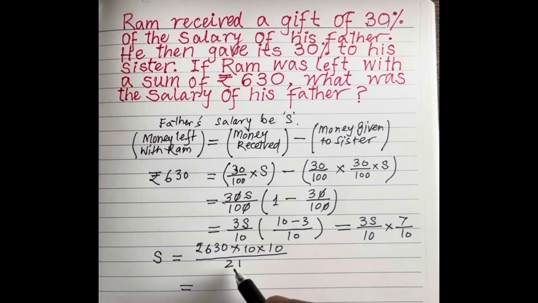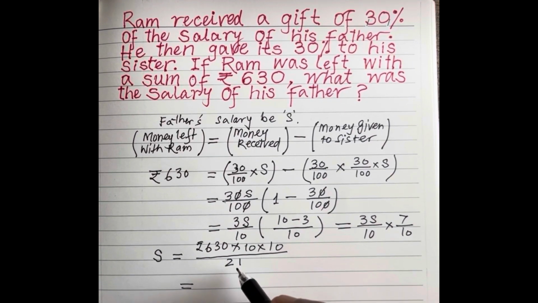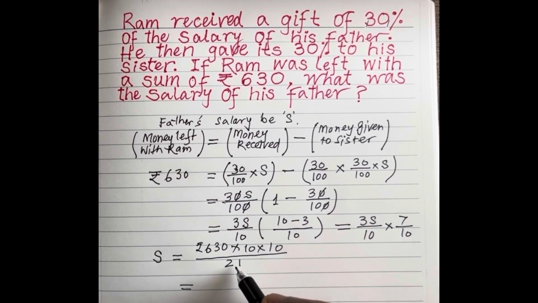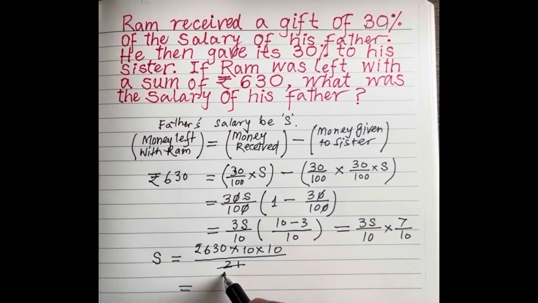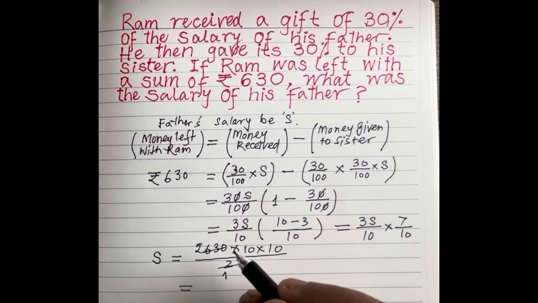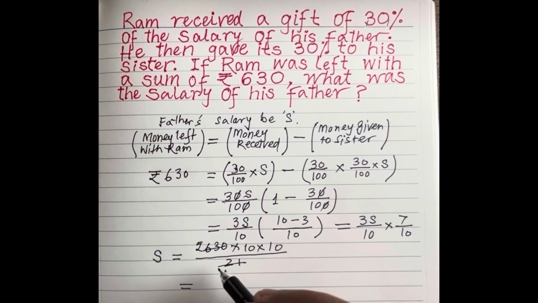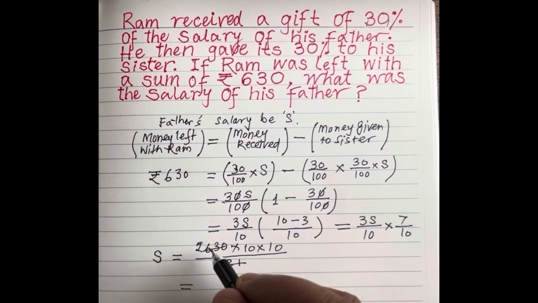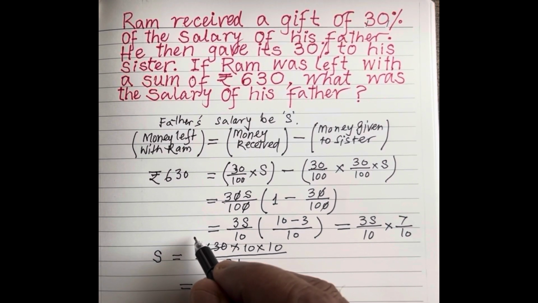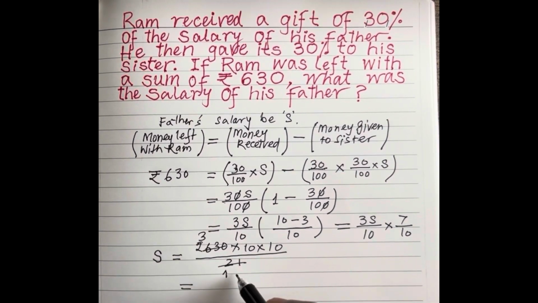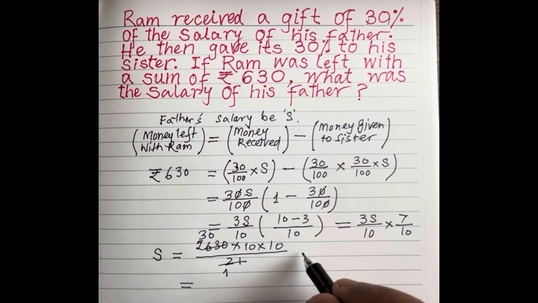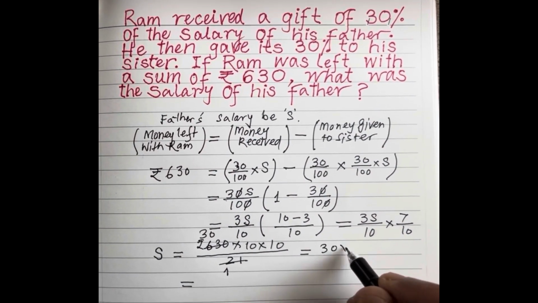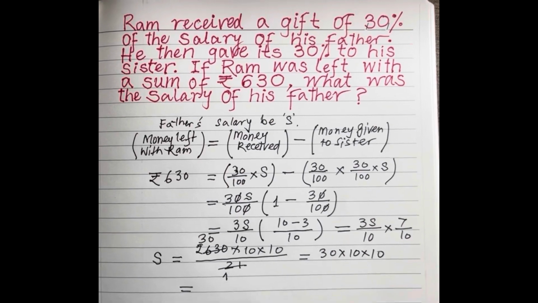So what we get? 630 divided by 21 is 30, times 10 into 10.